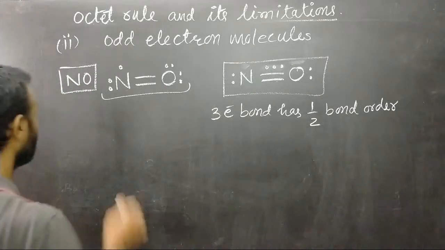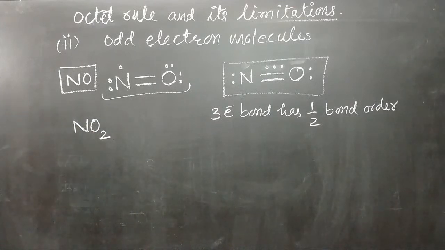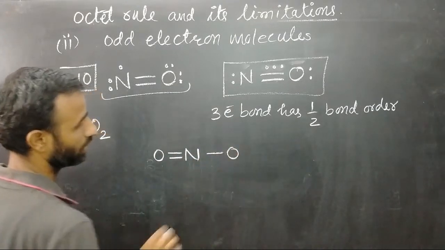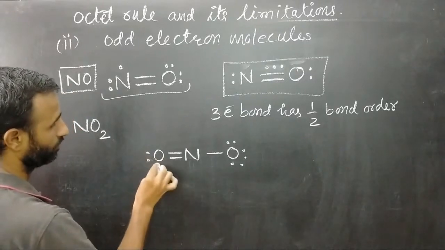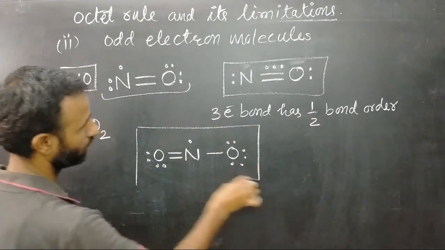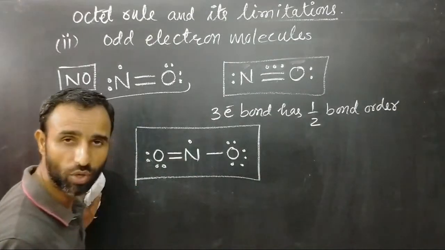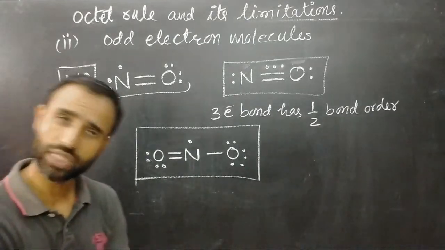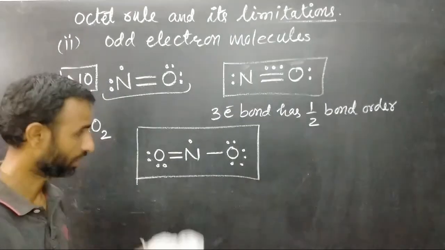Then NO2, with a double bond to O and a single bond to the other O. NO2 is like this. Here again, nitrogen has an odd number of electrons. This molecule does exist, and it has no complete octet.